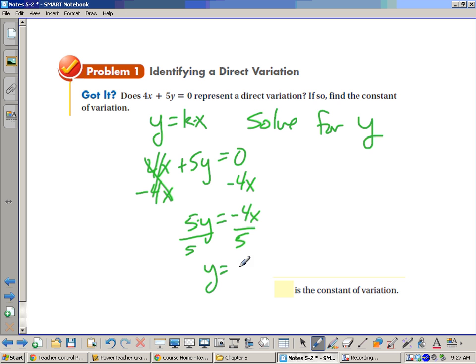So we get y equals negative 4 over 5 x. Don't divide. Leave this as a fraction. So k in this problem is negative 4 over 5. So this is a direct variation.